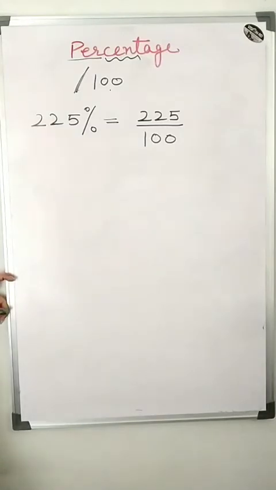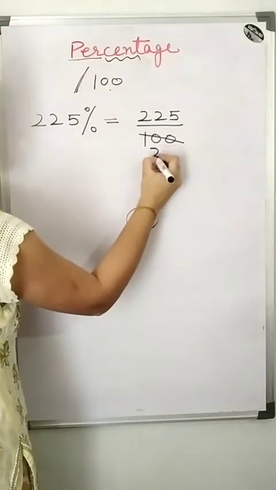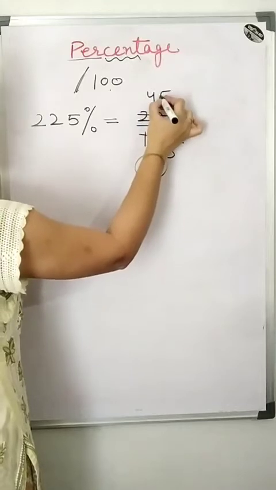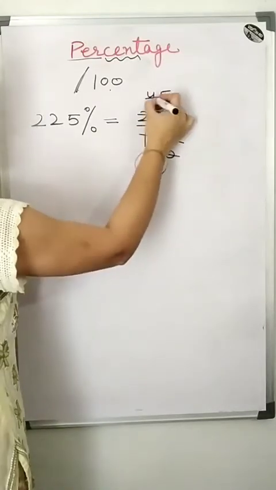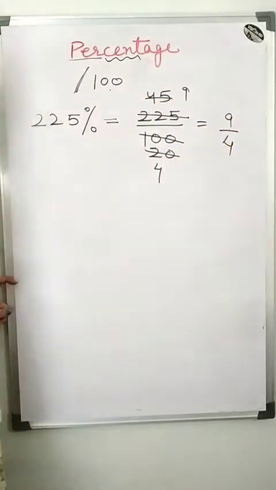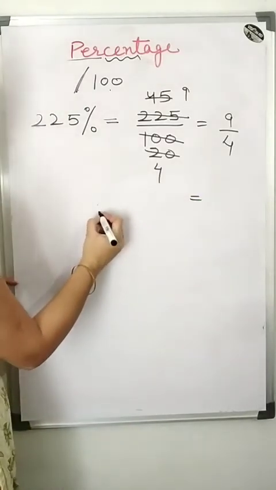How do you divide this? As in my last video, we cut them, because we want to convert them into a fraction. Cut by 25 again: 4 and 9, so it is 9 upon 4. In this way you can convert a percentage into a fraction.